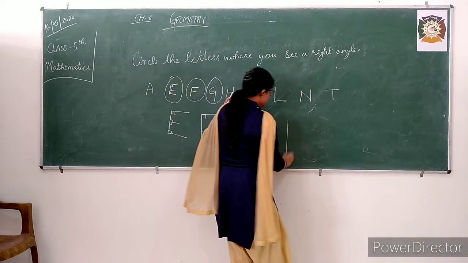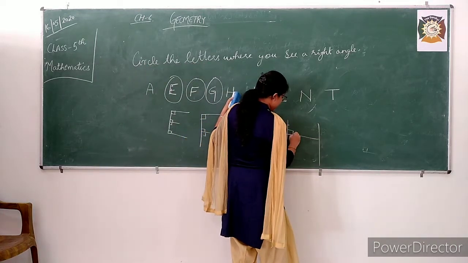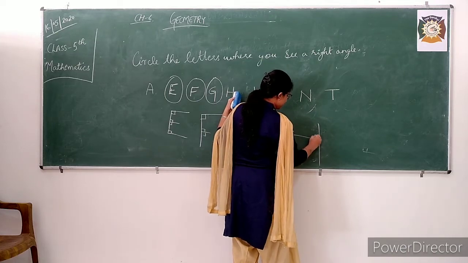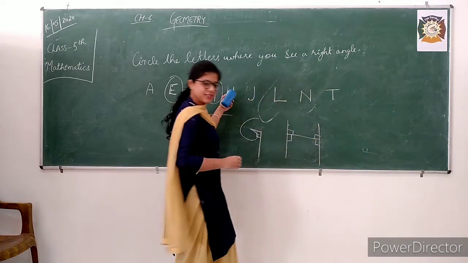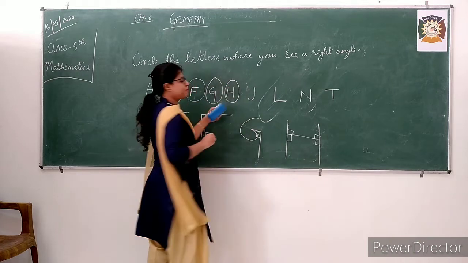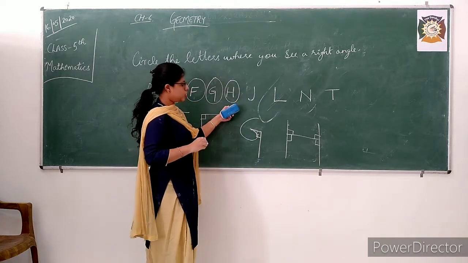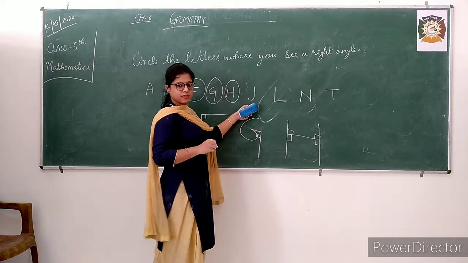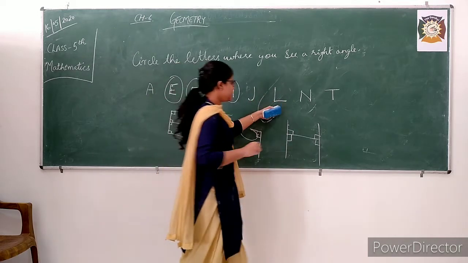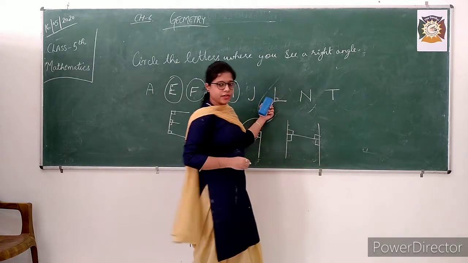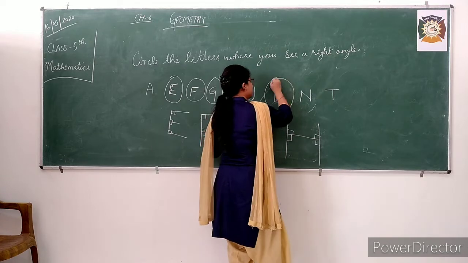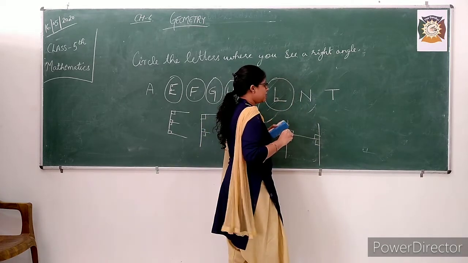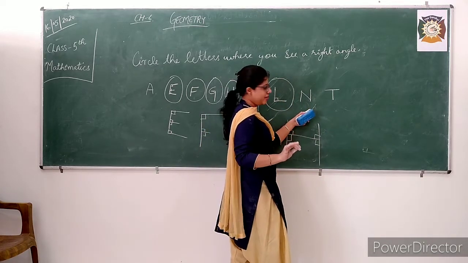Next is the letter H. H is again forming right angles here, here, here and here. So yes, right angles are being formed in letter H. Next is I. I cannot observe any right angle. Next is L. Yes, a right angle is being formed here with the two arms of L. You will encircle this. In N, you cannot observe any right angle.